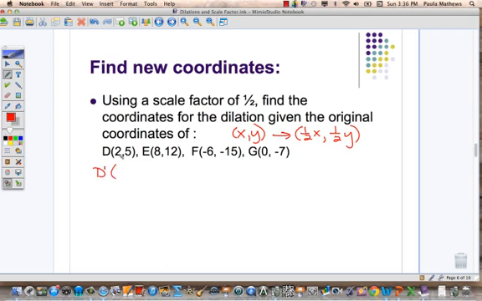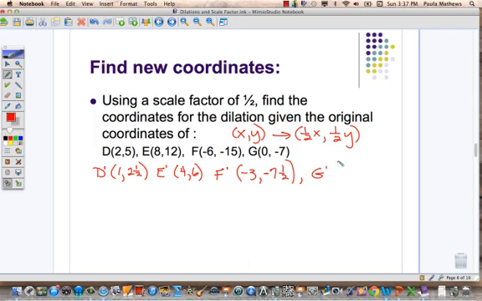So let's see, D is at 2, 5, so that means D prime needs to be half of each of those. So half of 2 is 1, half of 5 is 2.5. E prime is going to be at 4, 6, because that's half of 8 and 12. F prime is going to be at negative 3 and negative 7.5, again taking half.